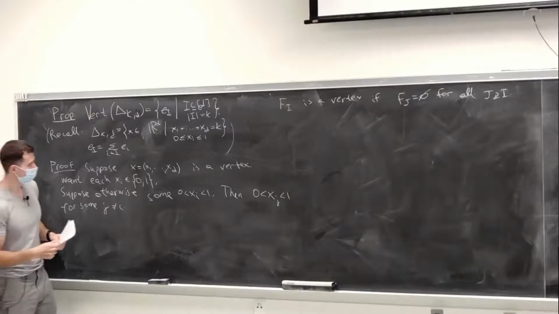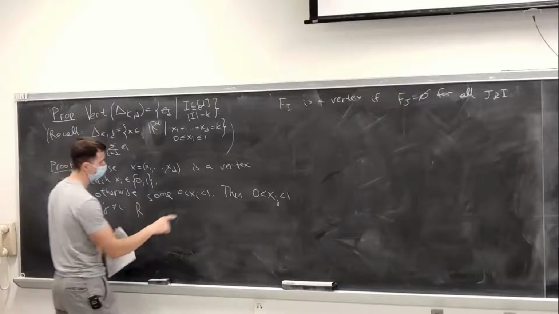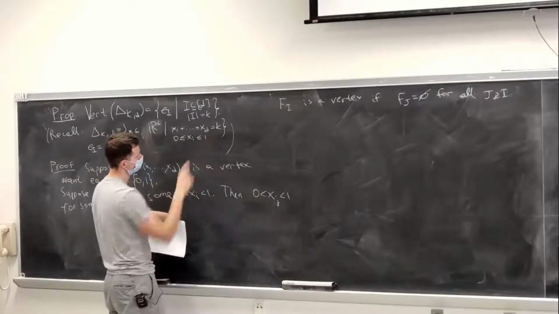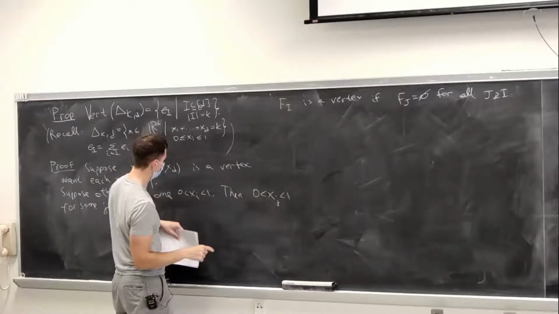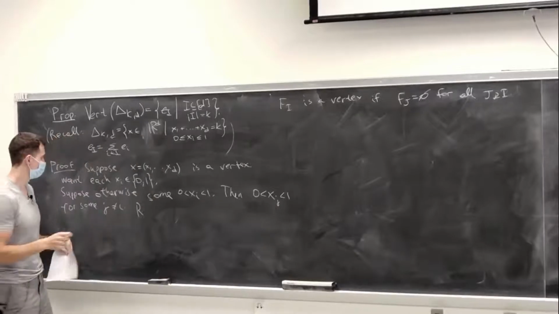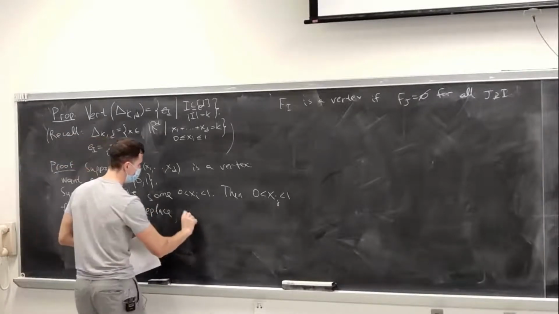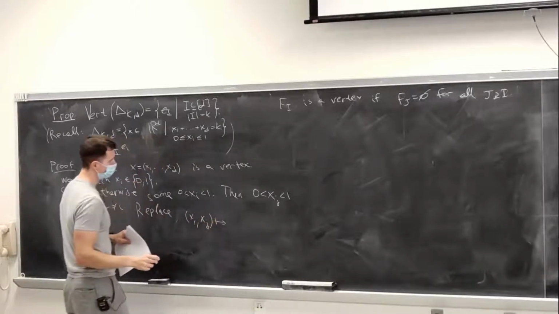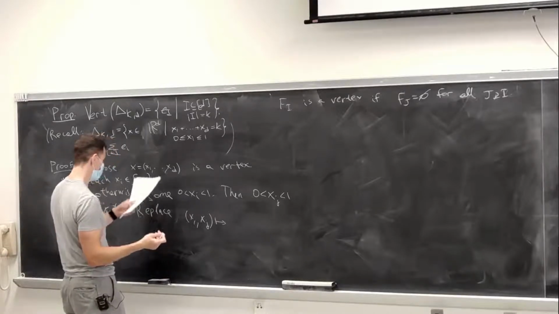Right, so what I want to do is increase x_i and decrease x_j, preserving the sum, until one of them becomes 0 or the other one becomes 1. So I can replace x_i, x_j by something. I actually have a formula here.